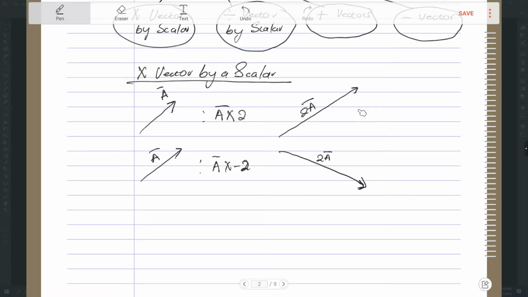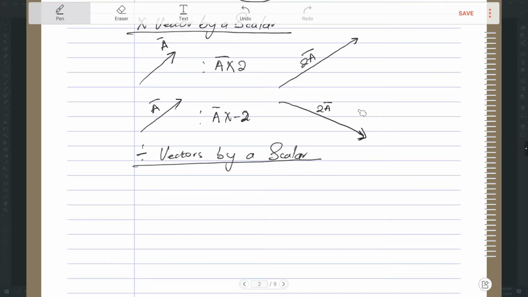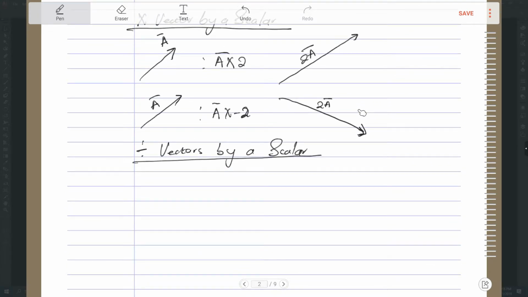So now let's move on to division of vectors by a scalar. We're going to use the very same example of having a vector A. So we're taking that vector, we're dividing it by a scalar of 2.